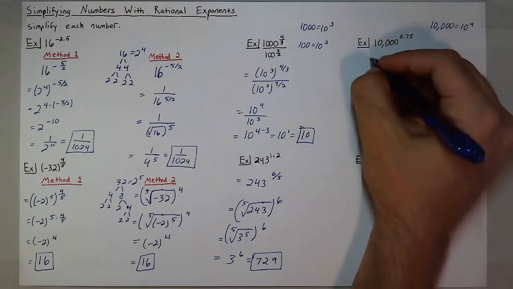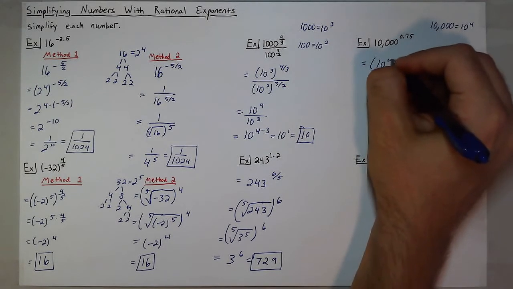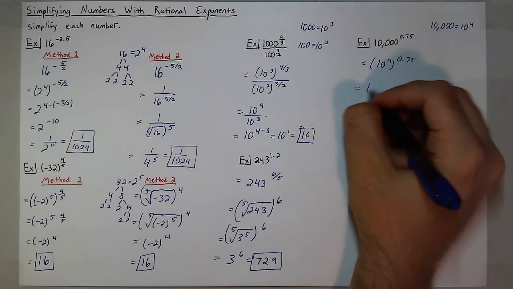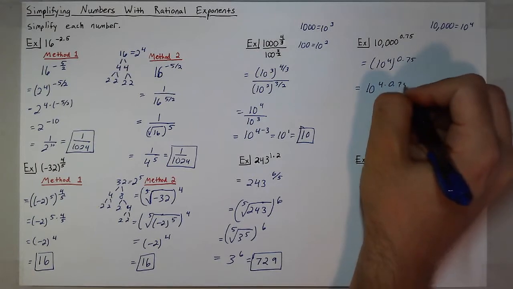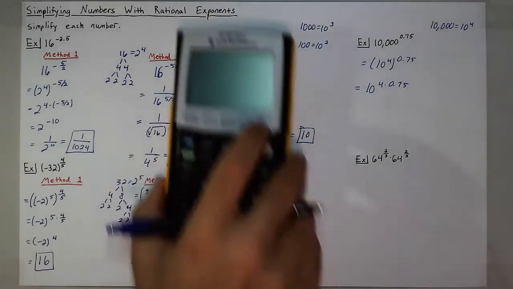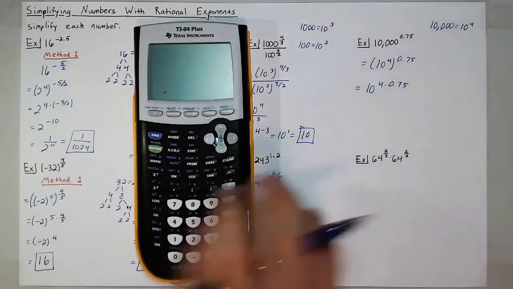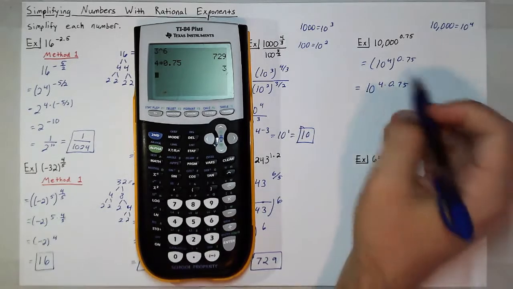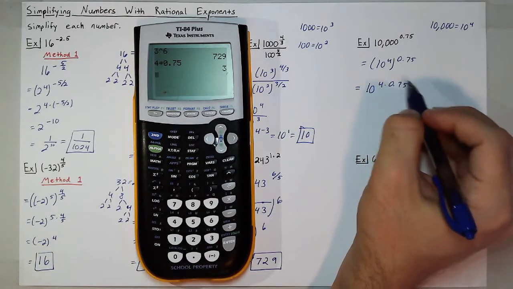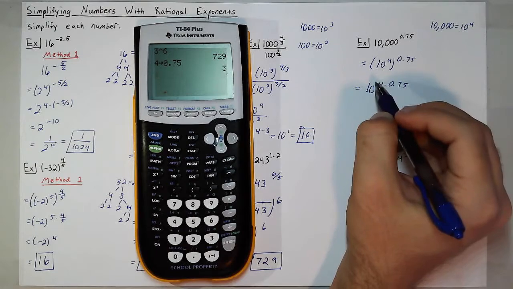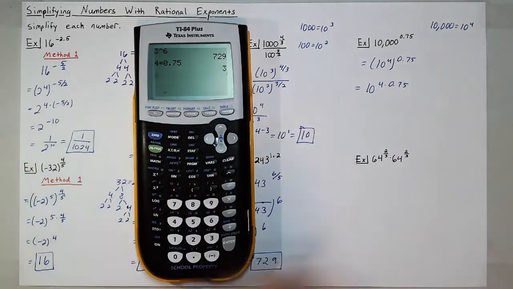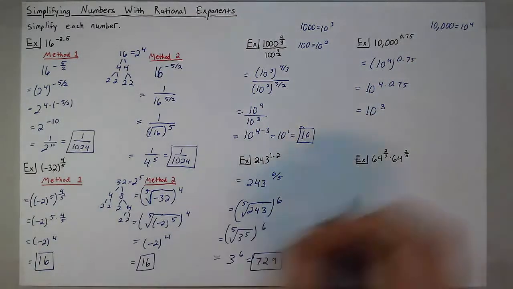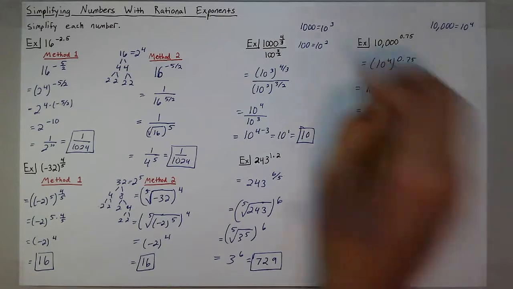I can replace 10,000 with 10 to the 4th power, and then I just have to find what is 4 times 0.75. You can definitely use a calculator to help you out. 4 times 0.75 is 3. Another way you could calculate that, if you imagine this as 3 quarters, 3 quarters times 4 is 12 quarters, and that leaves you with $3. That's another way you could do that mental math. And you're left with 10 to the 3rd, which is 1,000, as we saw earlier.